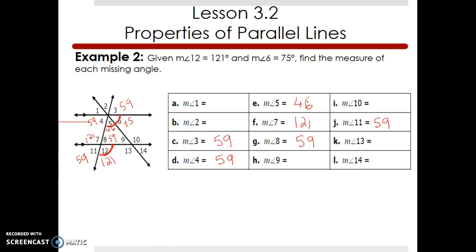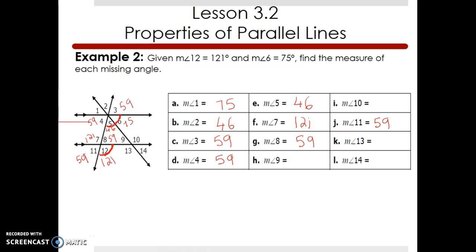And if angle 5 is 46, angle 2 and 5 are vertical angles, so angle 2 is also going to be 46. And if you see from the picture, angle 1 and angle 6 are vertical angles. So angle 1 is also going to be 75 because angle 6 is 75. This is a little bit tricky because there are multiple lines going through.